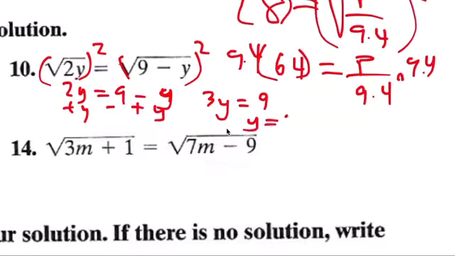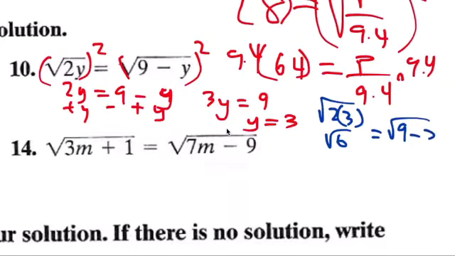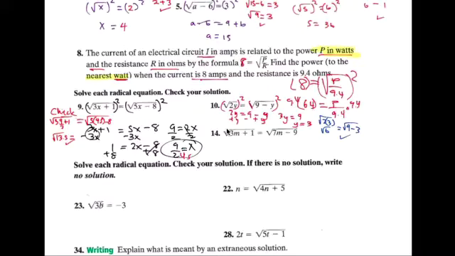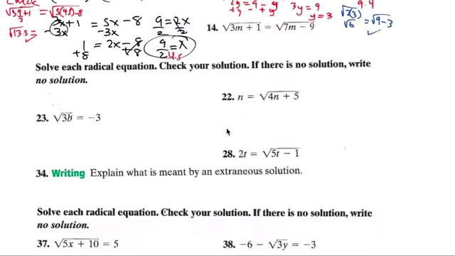Y is 3. Yep, it works. Check it. Square root of 2 times 3. Nine minus 3, so yeah, same thing. And then you do that one.